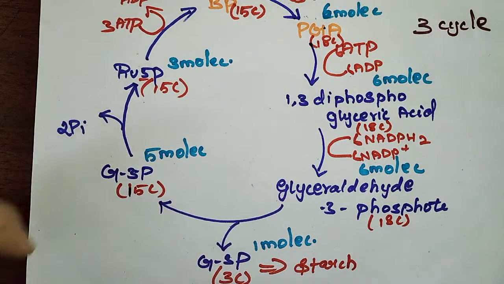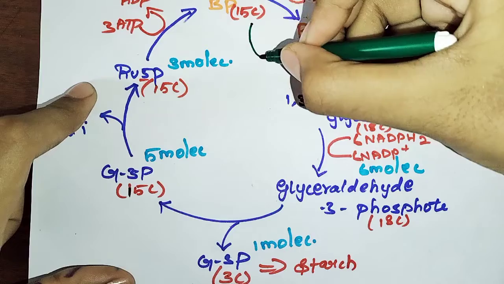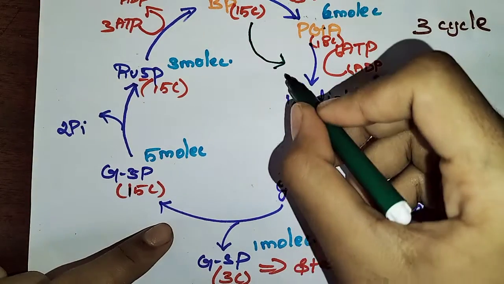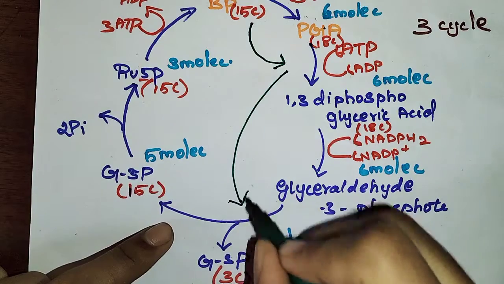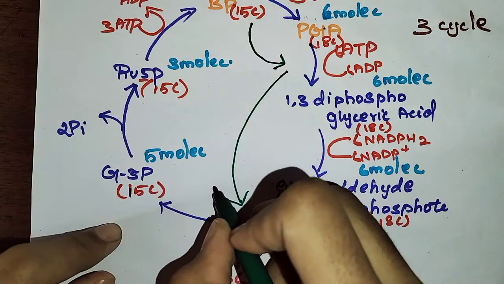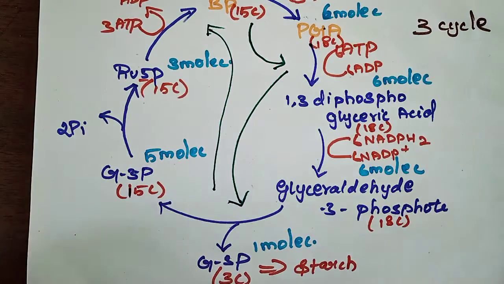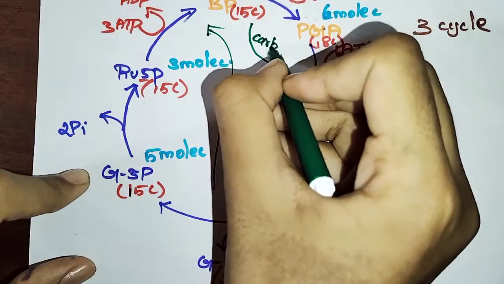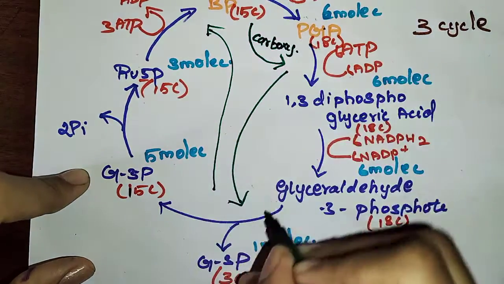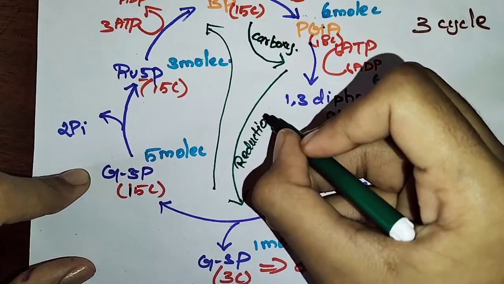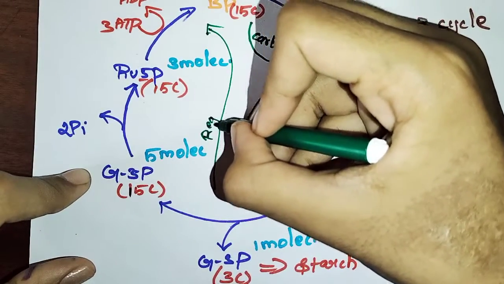From here to here it is carboxylation, from here to here this is reduction, and here to here is regeneration.